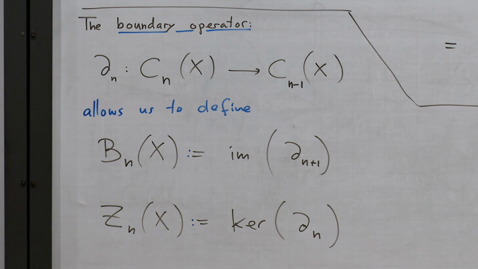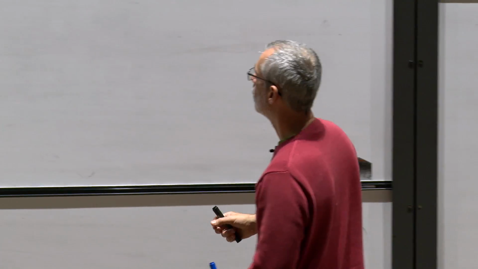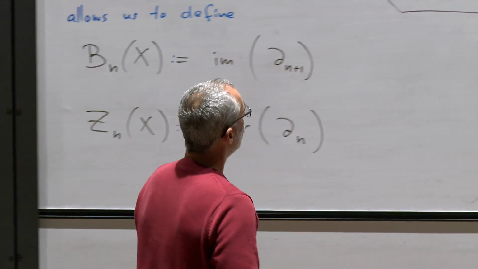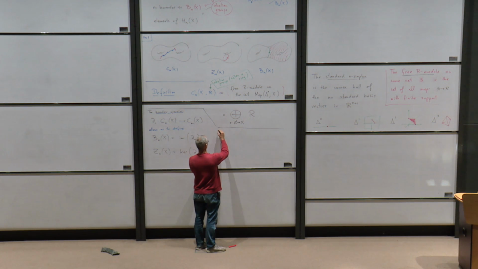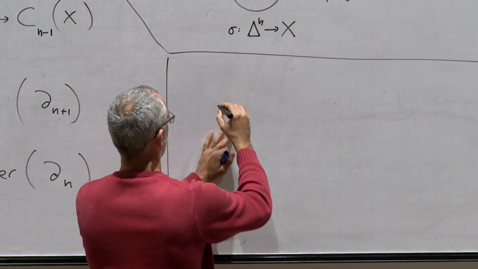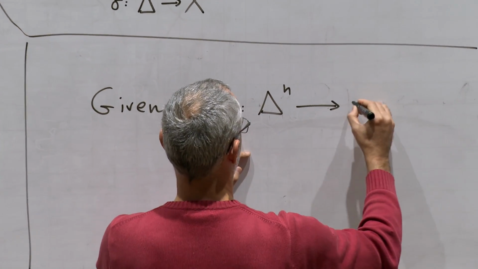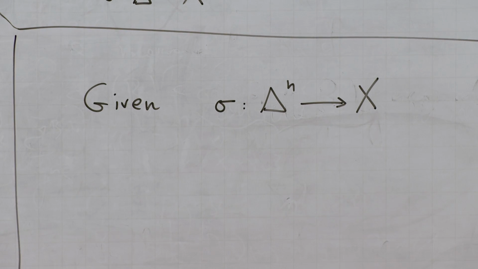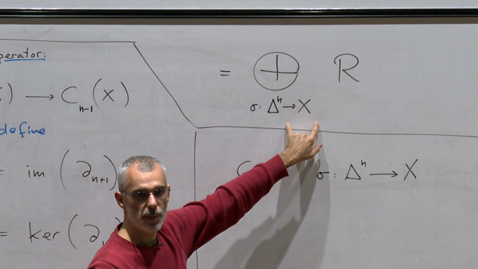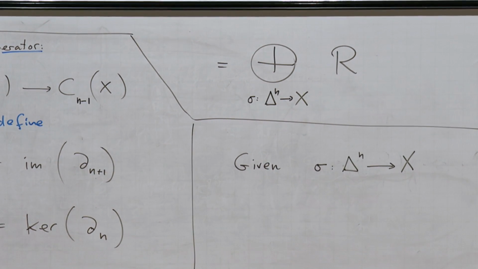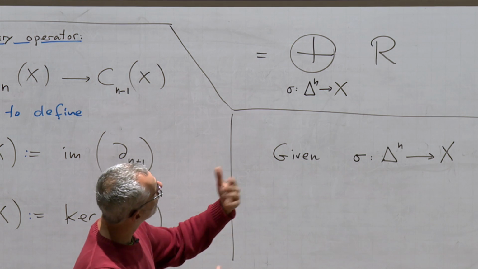What is the boundary operator? I want to define an operator on this abelian group, which is this direct sum of copies of R. It's enough to do it on the, I want to call them basis vectors.